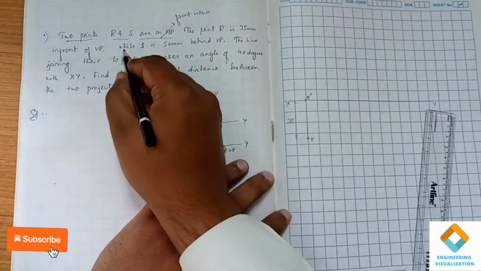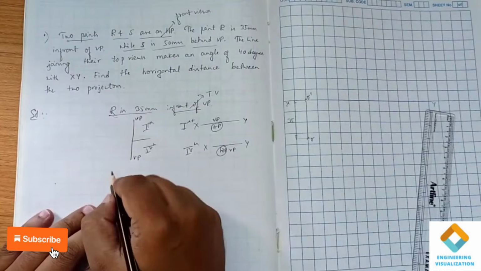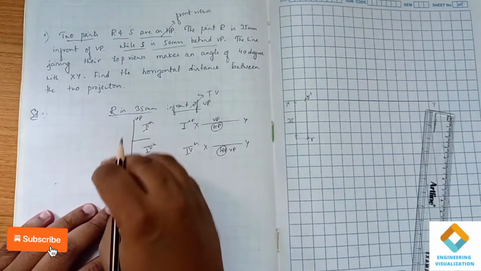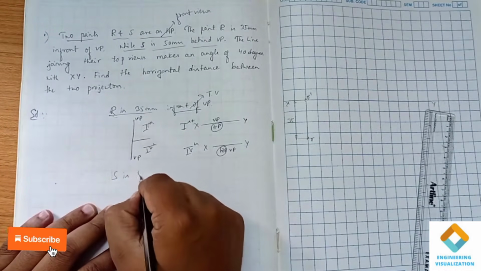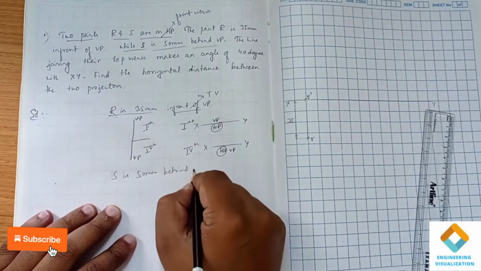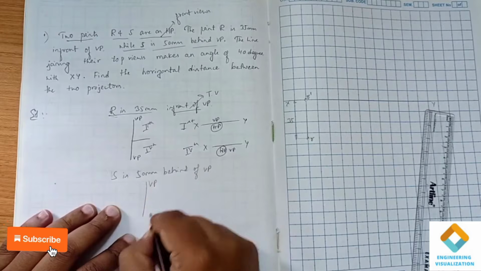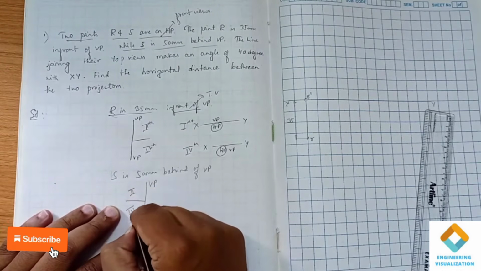Now we see for S. S is 50 mm behind VP. Behind VP means two chances, the second and third quadrant.